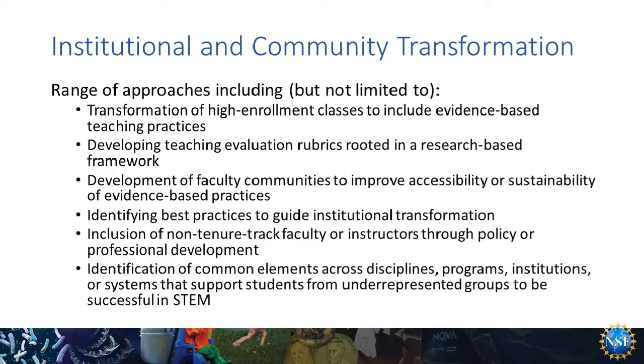Identifying best practices to guide institutional transformation. Inclusion of non-tenure track faculty or instructors through policy or professional development. And identification of common elements across disciplines, programs, institutions, or systems that support students from underrepresented groups to be successful in STEM.